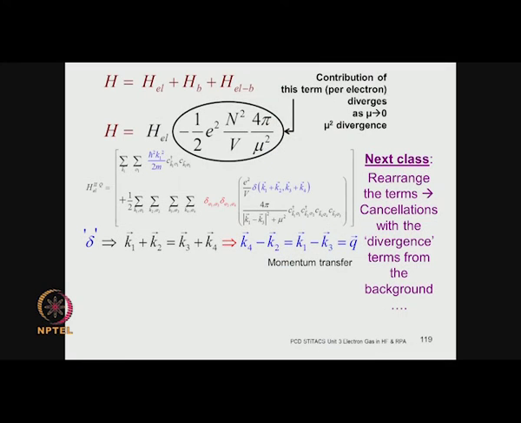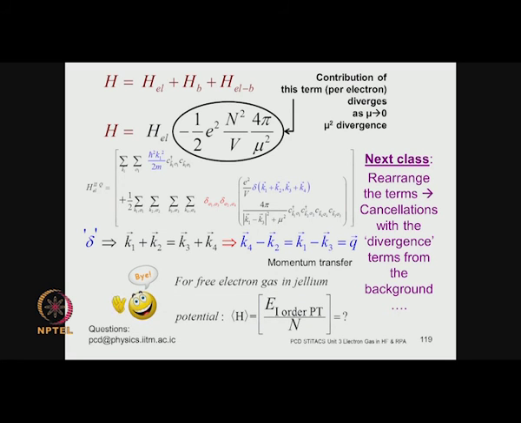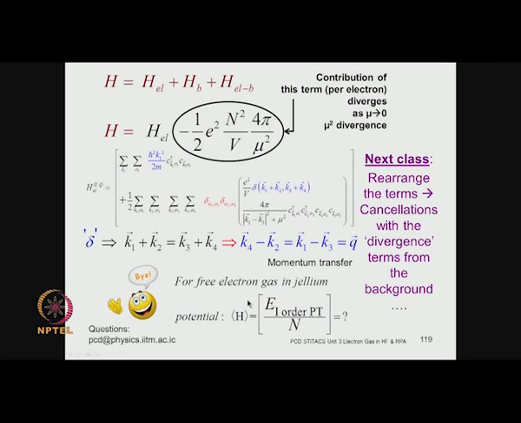We will look at these terms carefully, and we will find happily that the zero momentum transfer terms actually cancel the mu square divergence, but that is something we will do in our next class. When we do this analysis, we will proceed to get the perturbative expression for the energy of this system. If there is any question, I will be happy to take.